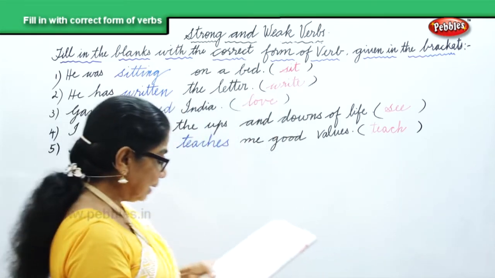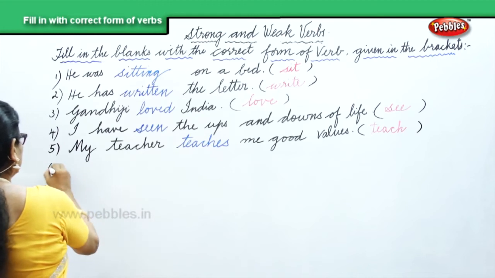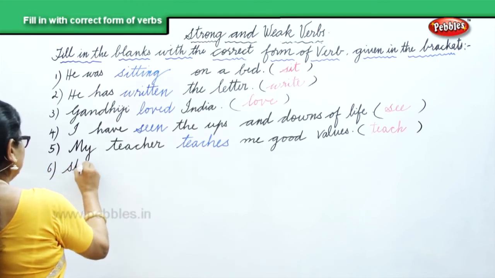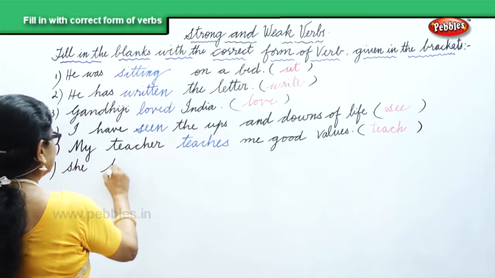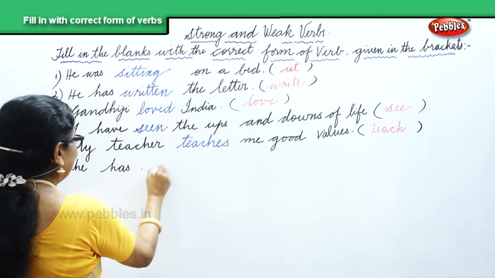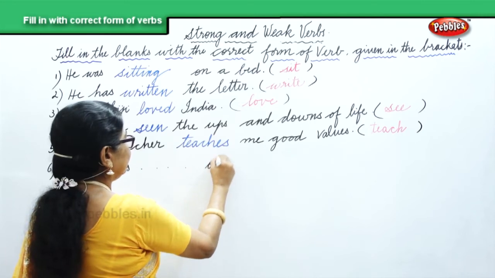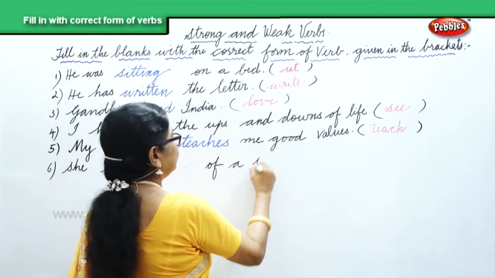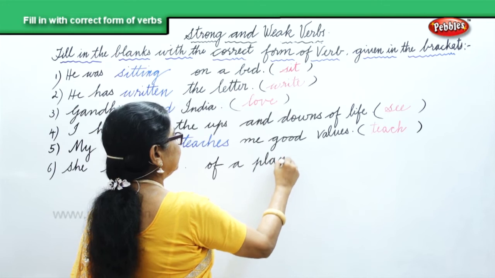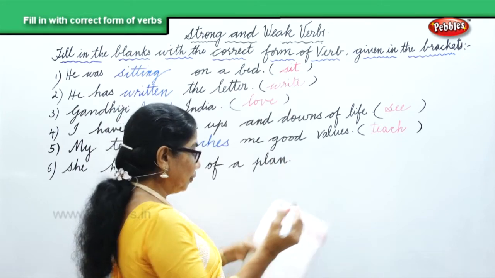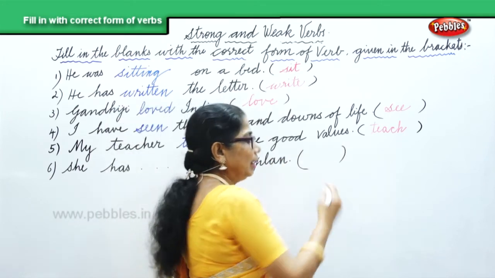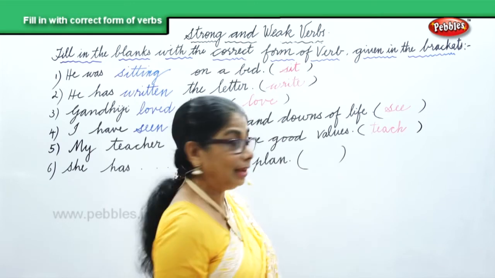Now, another sentence I have here is, she has dash of a plan, and the word in the bracket is think.